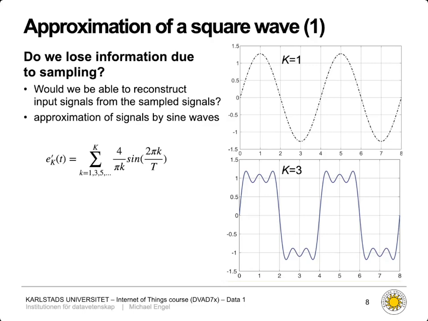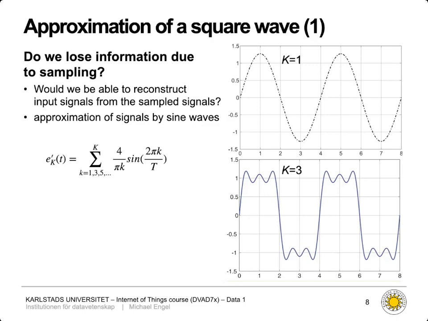So if we have our original sine wave here, which has this large amplitude, then if we add another sine wave with 3 times the frequency on top of it, you see that we already have something that has much sharper changes in the signal from high to low, so from 1 to -1, for example. And you see this triple frequency sine wave on top and on the bottom of our combined wave for 1 and 3.